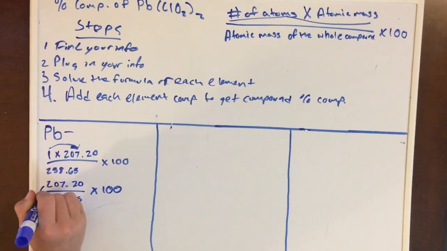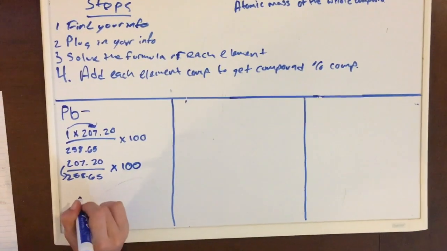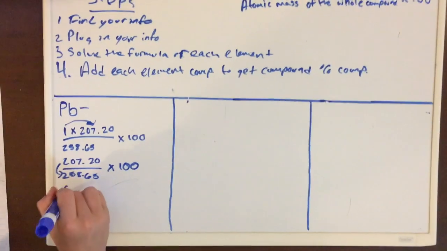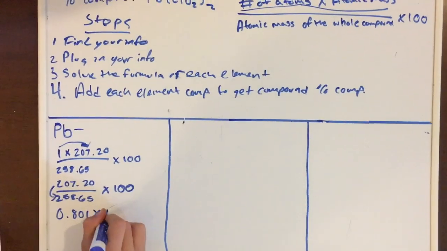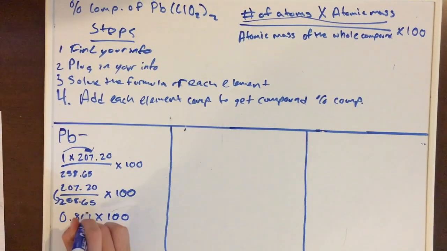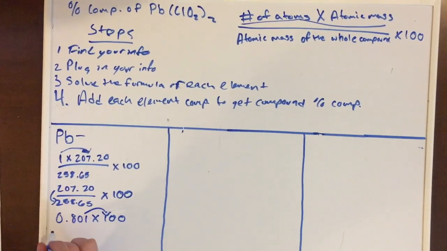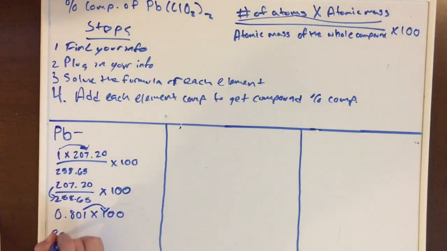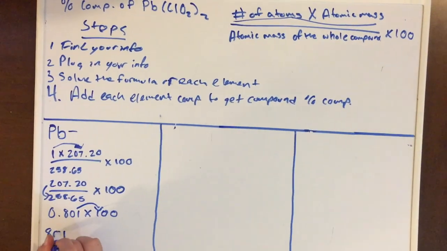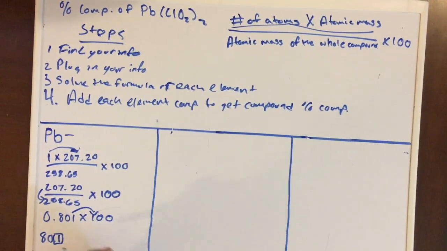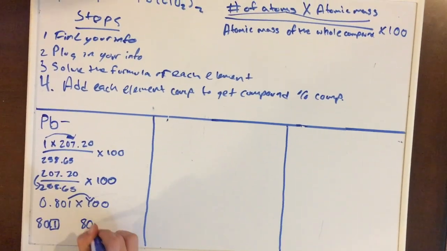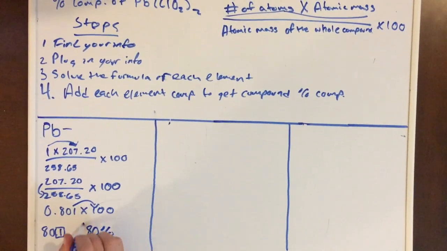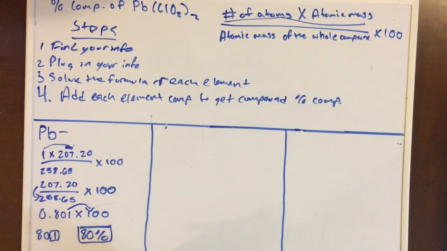This divided by this number, you will get 0.801 multiplied by 100. Once you do that, you will get 80.1. But you do not want to have a decimal in your percent composition, so it will just be 80%. That's how you find it for Pb.